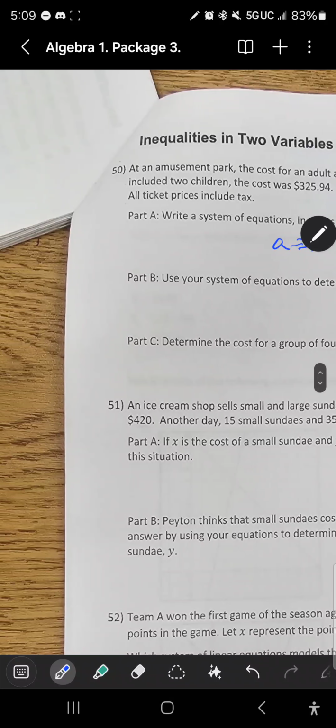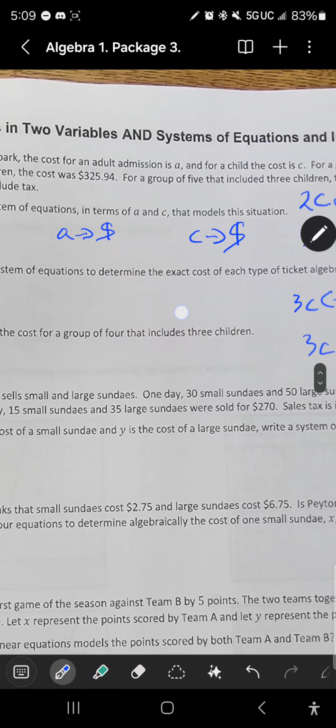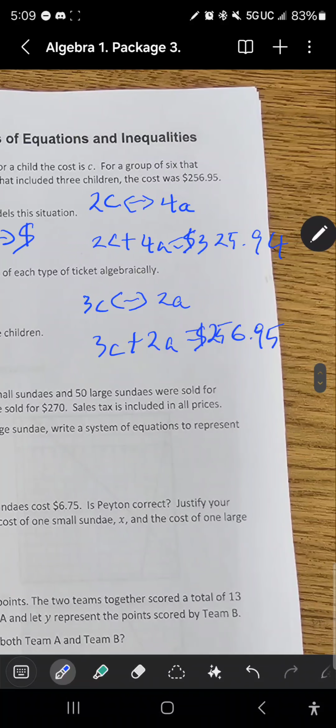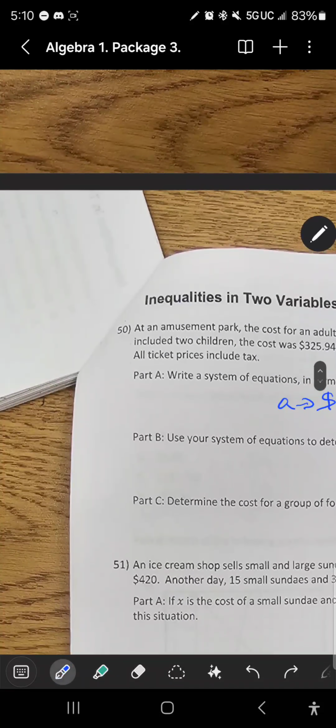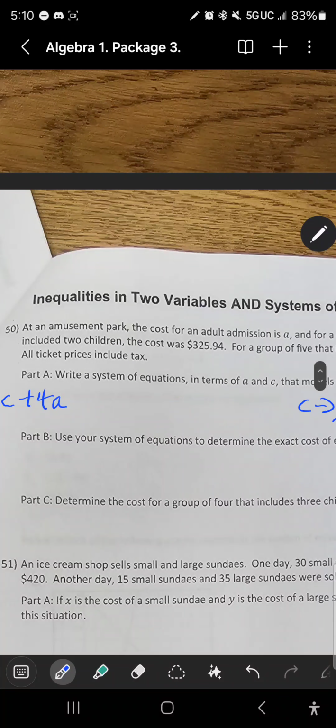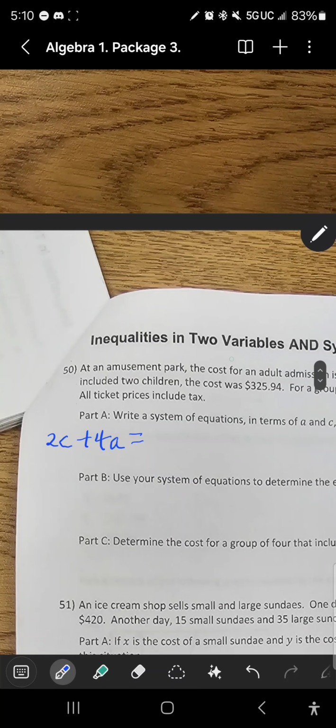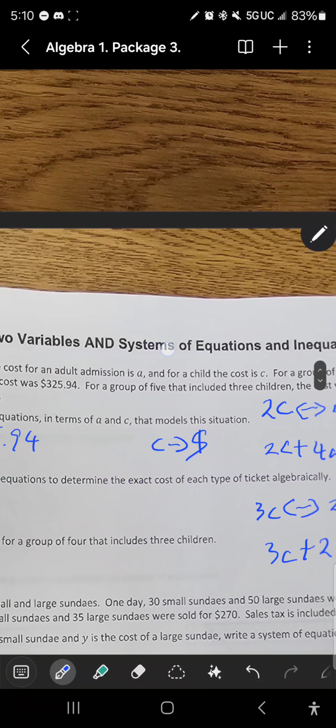So we have this. Now part A says write a system of equations in terms of A and C that models this situation. So the answer for A is these two. For the first situation we have 2 children plus 4 adults, and the cost of those 6 people is $325.94.